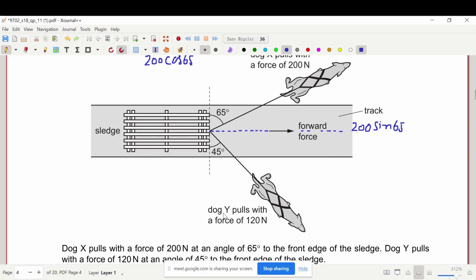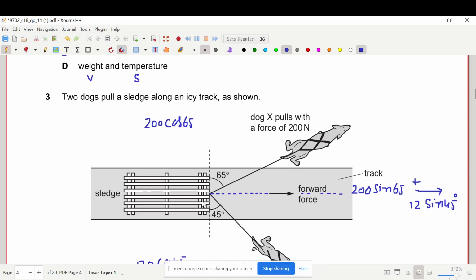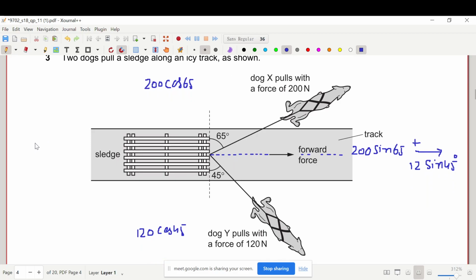Similarly, this is downward, 120 cos 45, and then we have 120 sin 45. You know how to do resolving? Hello? Yes, sir. Okay.